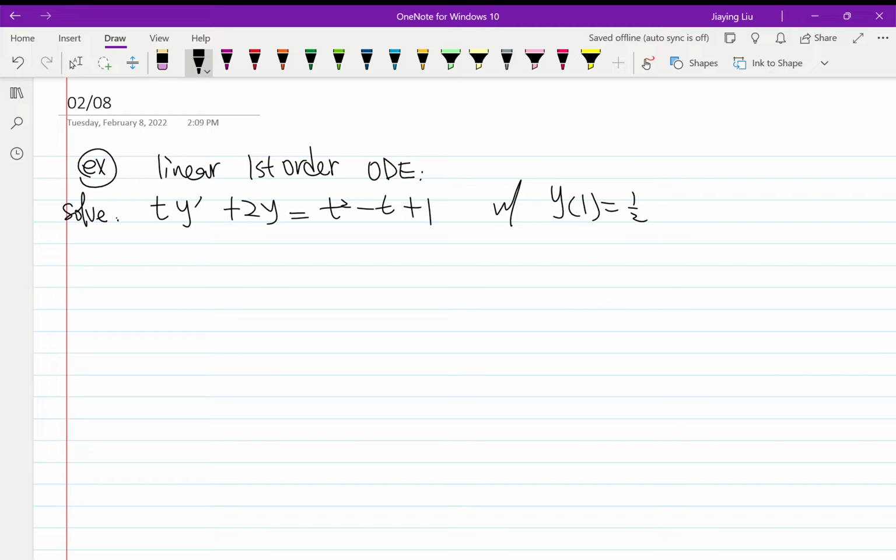So a problem like this is a linear equation, right? Because after we divide by t, we get y prime, and then we get some function times y.